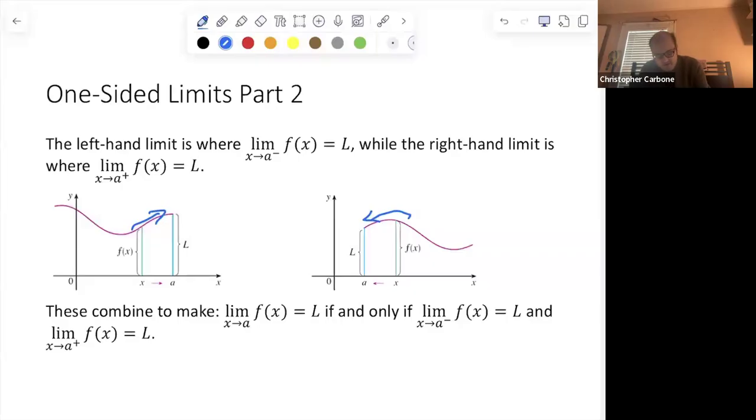And so because of that, we can write the overall limit as x approaches a of f of x is equal to L if and only if the left-hand and the right-hand limits both converge to that same point. If it does not, then the limit does not exist.